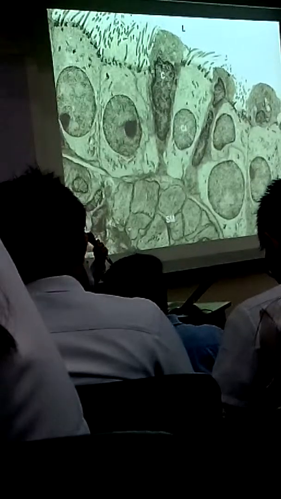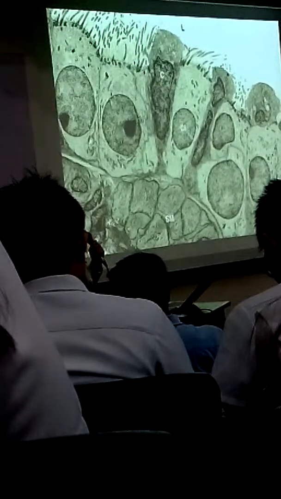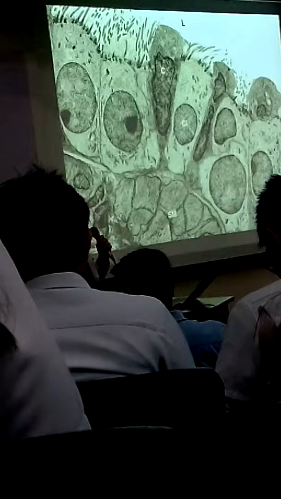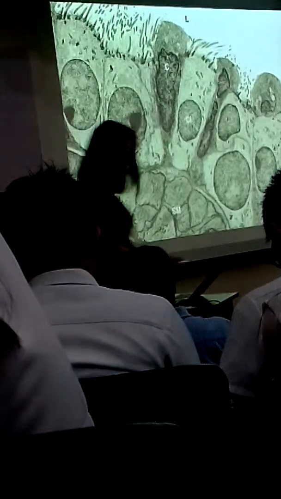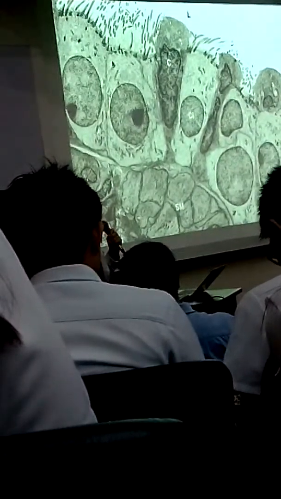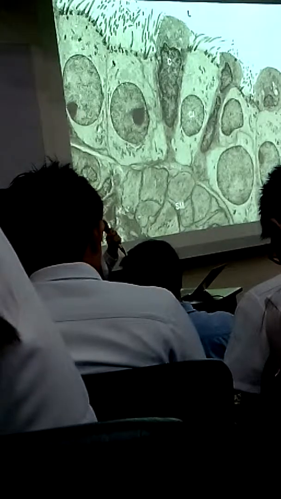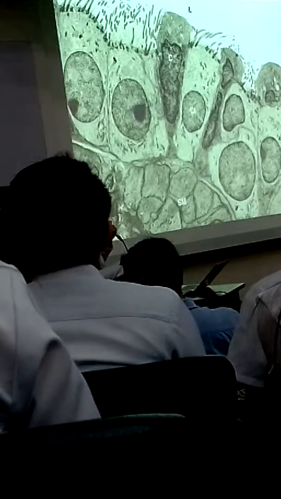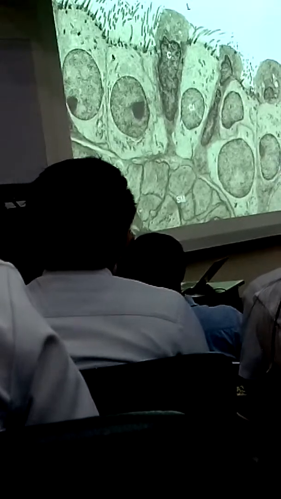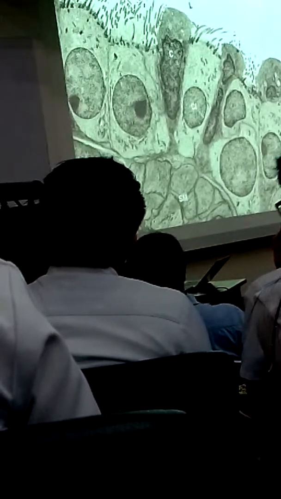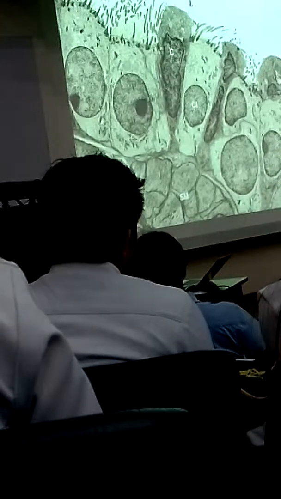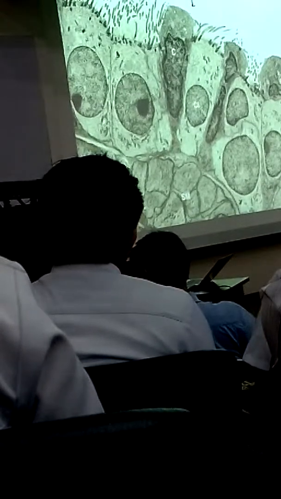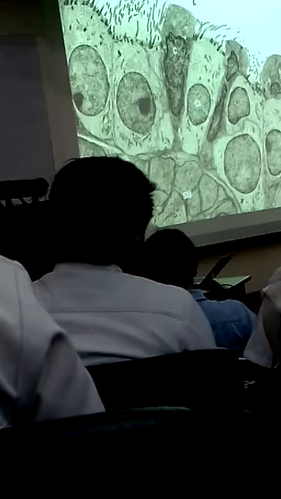So in the terminal bronchiole, instead of the pseudostratified columnar ciliated epithelium, it now becomes what? Simple cuboidal. And what are these cells? You know this, nurses. So what is the function of your Clara cells? It secretes what?